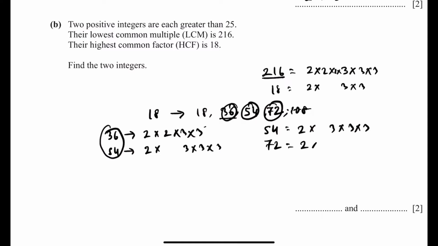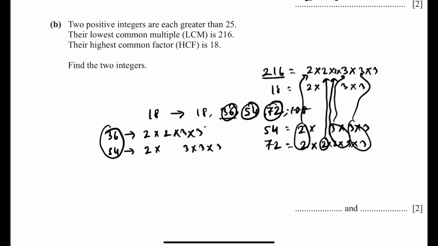Same way, 72 is 2 times 2 times 2 times 3 times 3. And if we find the LCM, it's exactly becoming 216. Okay, so its answer will be 54 and 72.